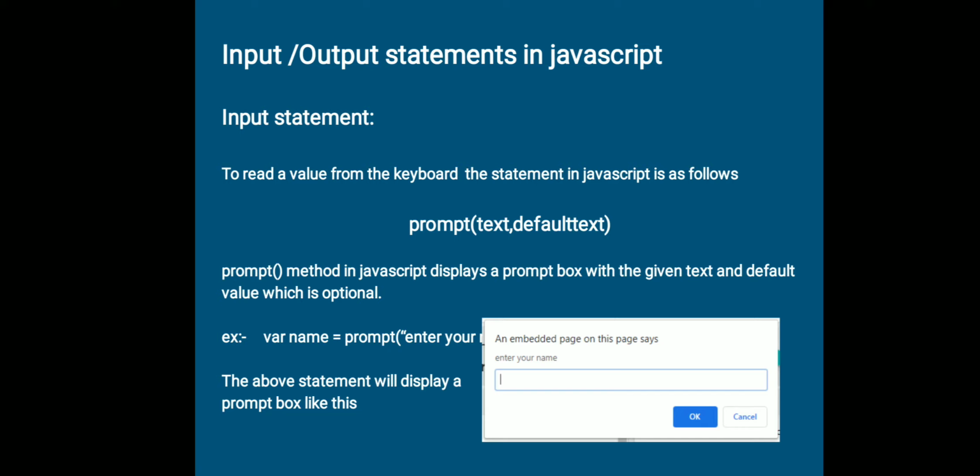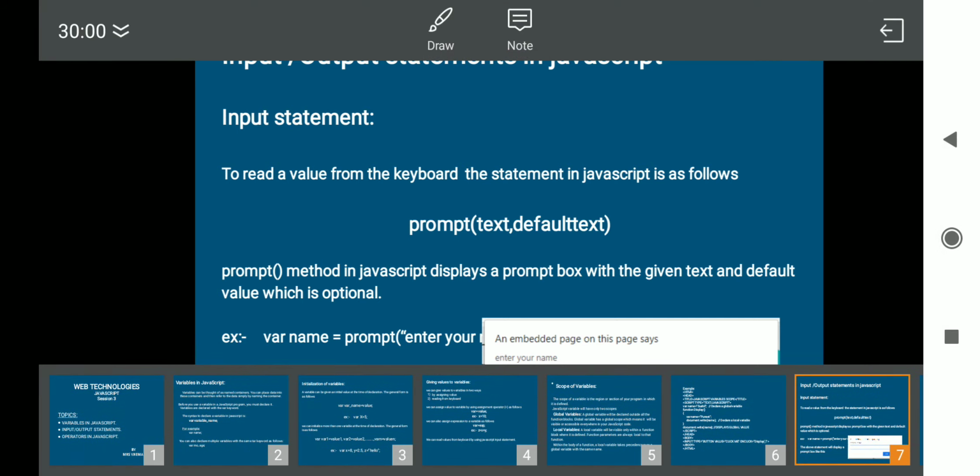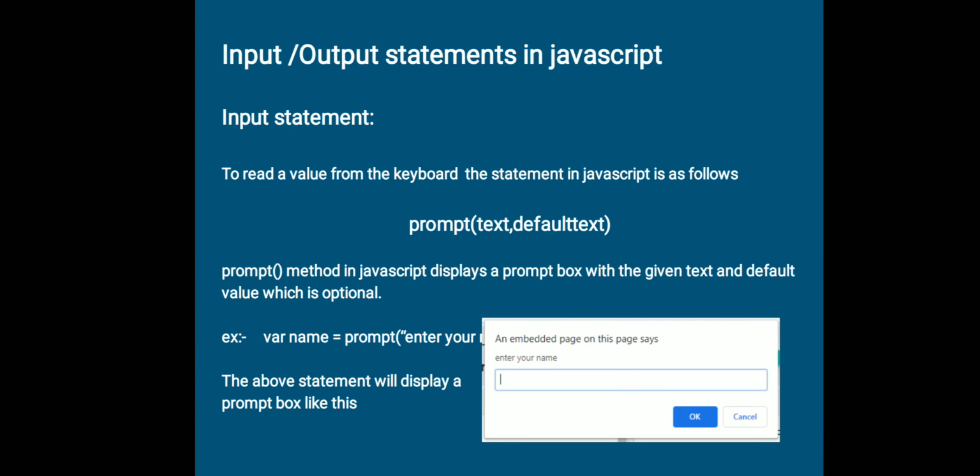Enter your name is the text. When I run this code, it displays a prompt box with the text and an empty text box. In that empty text box, you have to enter the data and click OK. This is how the prompt box looks.